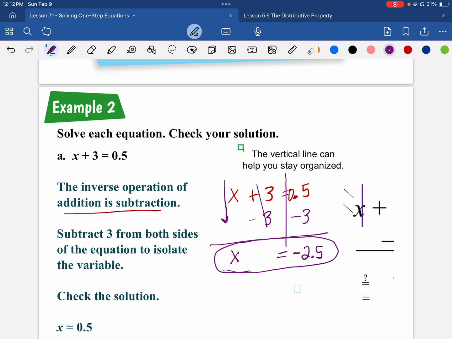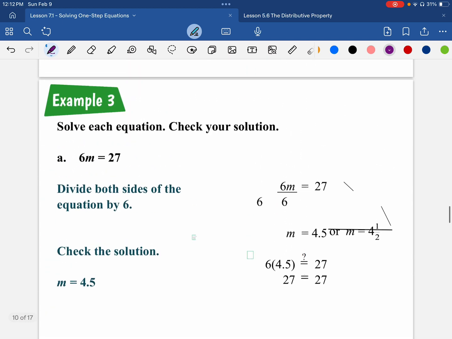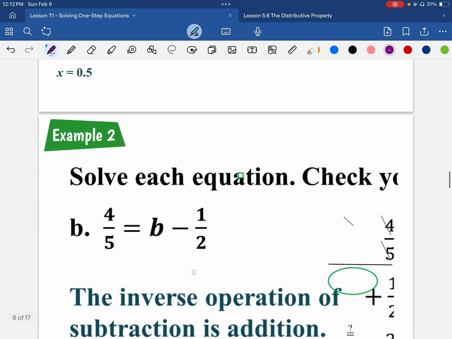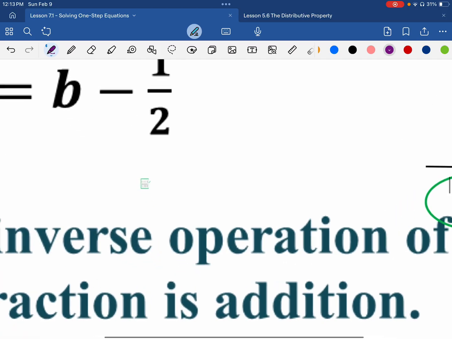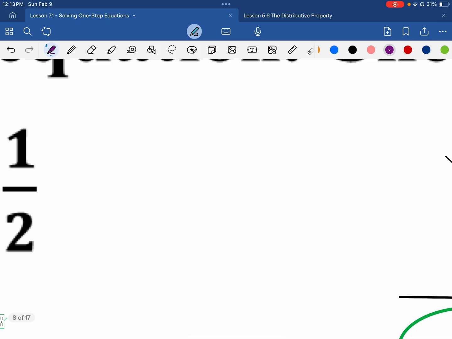Let's take a look at one more here. Sorry, guys. Okay, this one has some variables in it. I'm going to make a space here so we can work. So the original equation is 4/5 is equal to the variable b minus 1/2.